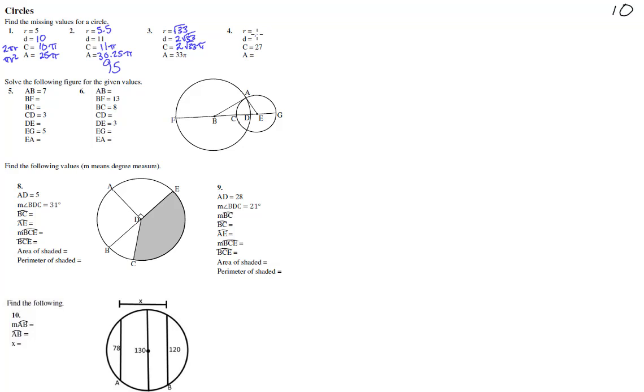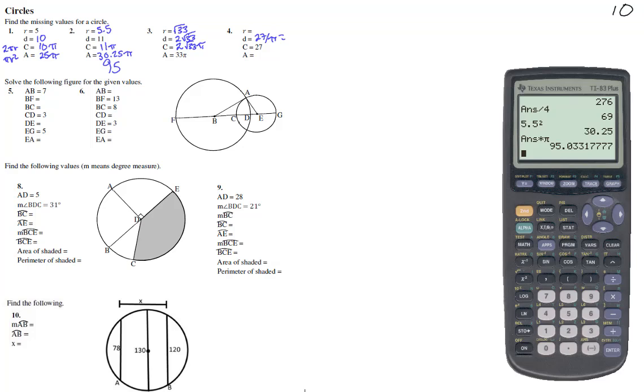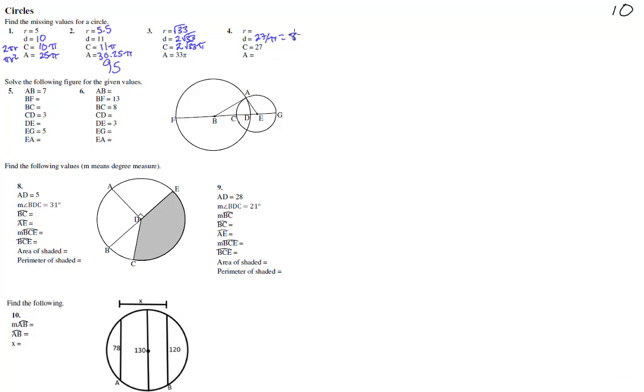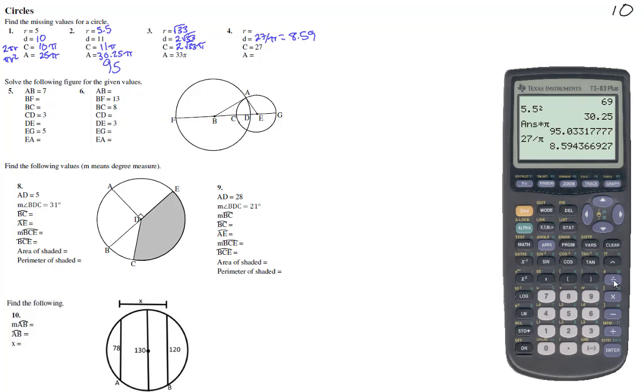There we go. Circumference is going to be a little bit tougher. If we divide by pi, 27 over pi, that better be the diameter. Let's go ahead and do a decimal on this one. 27 divided by pi gives us 8.59. So 8.59 is the diameter, and the radius is going to be half of that.